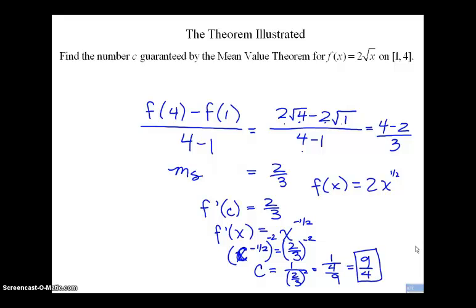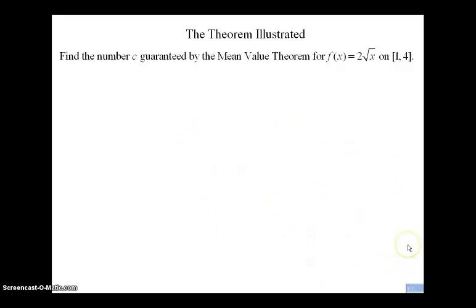Now we're guaranteed that that exists. We need to make sure that it does lie in our interval, because remember, c has to be between our endpoints. Well, this is roughly 2.25, and it definitely lies inside that interval. So there's our first problem analytically for the mean value theorem for derivatives.